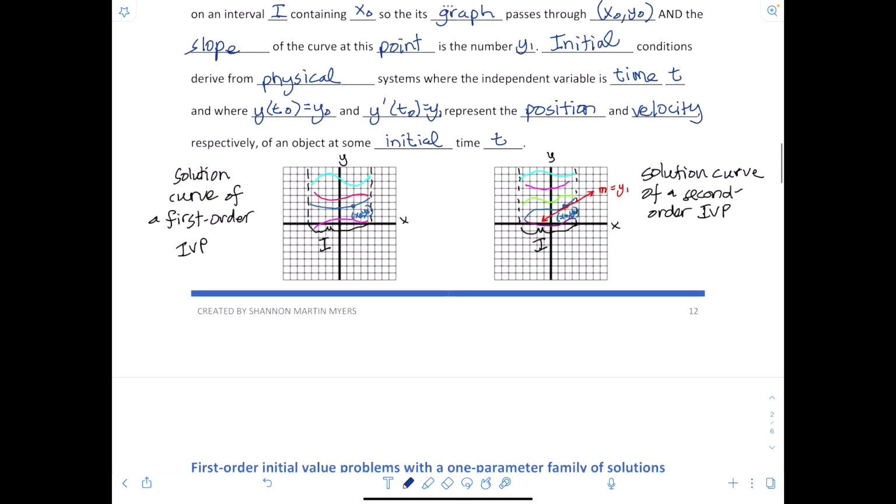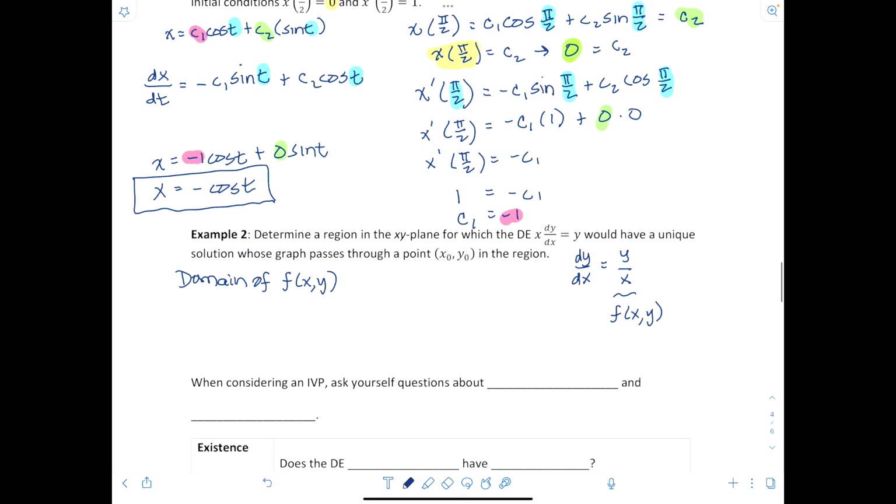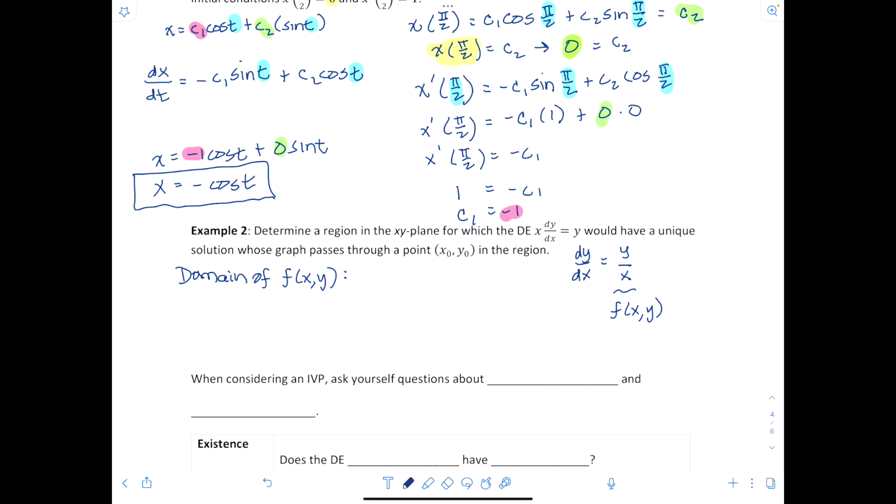So here, the domain for x is going to be what? X can't be equal to 0, right? I'll put this in as an inequality. So x is a real number which is less than 0, or x is greater than 0.